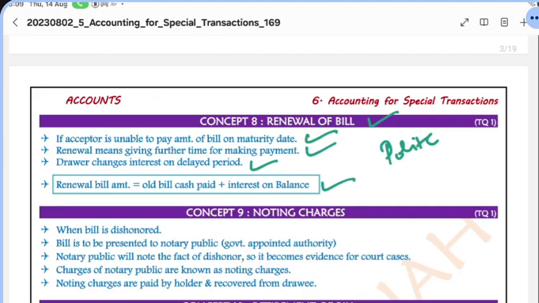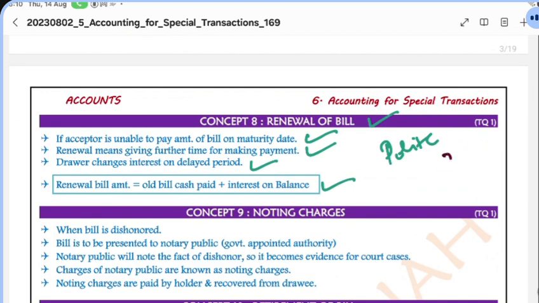Clear? ಪಕ್ಕಾ ತಿಳಿಗತ್ತದ್ರಿ? ಏನ್ ಹೇಳ್ರಿ? Old bill amount ರೀ plus interest on the balance. Have you understood this? Any doubt? Now, ಇದು ಅವ ಇಲ್ಲಿ ಕೊಡ್ಲಾರ್ದು ನಾವು ಕಲಿಬೇಕಲ್ರಿ, ರೈಟ್?